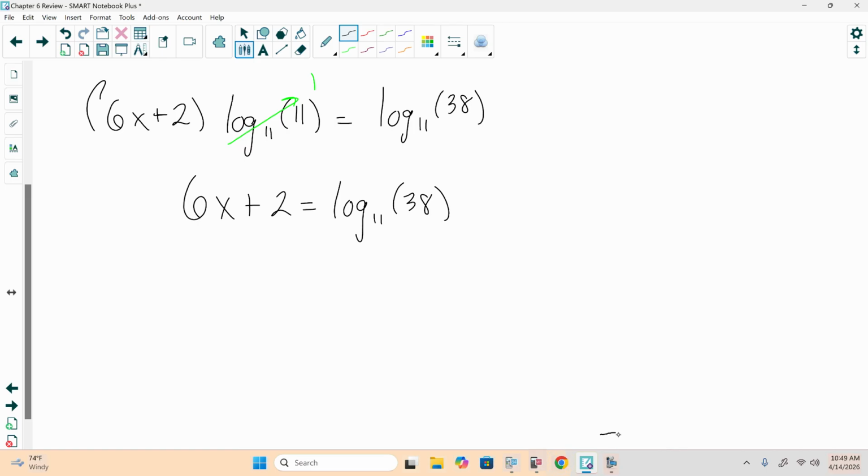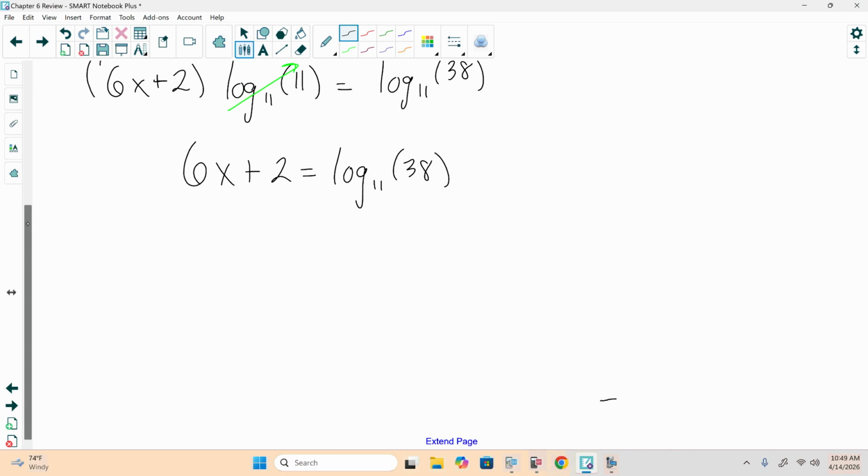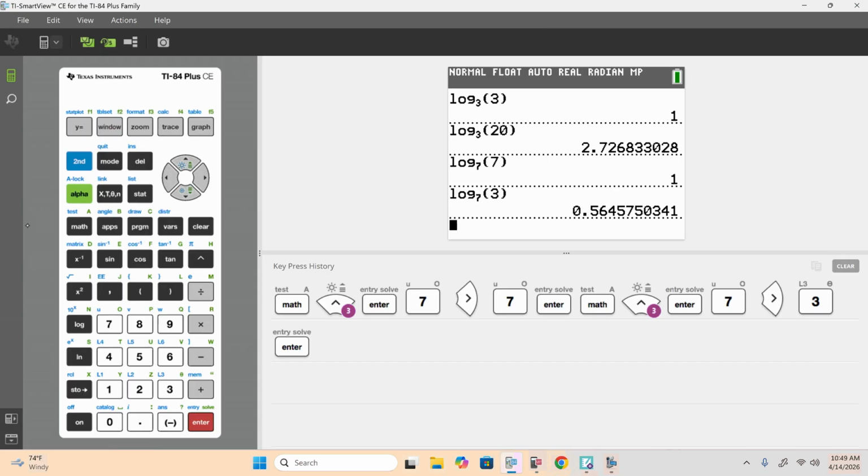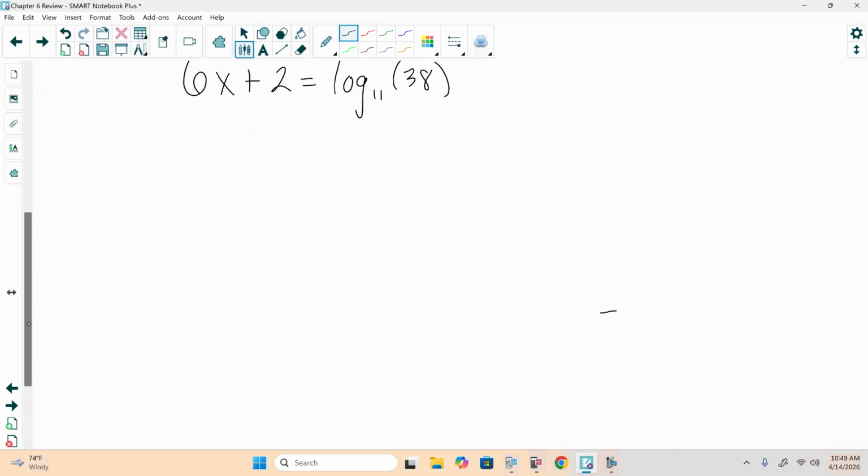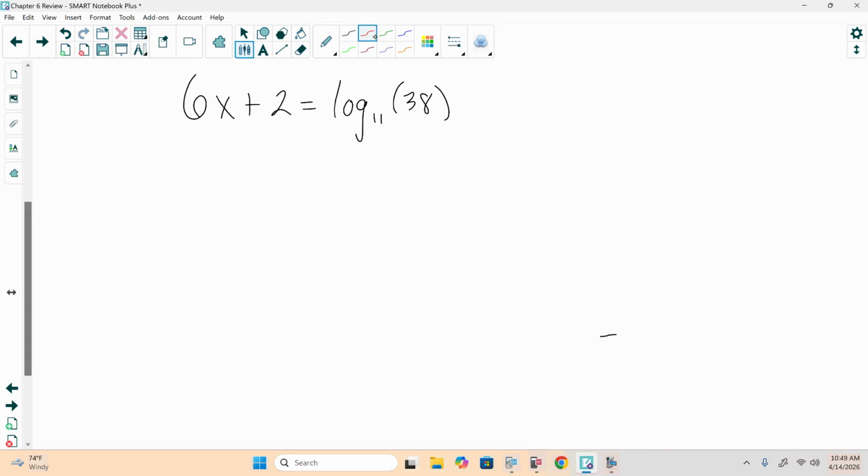Now, unlike the last one, x is not by itself, so we still need to solve and get x by itself. And the first thing we can do is what? We can subtract 2 from both sides.